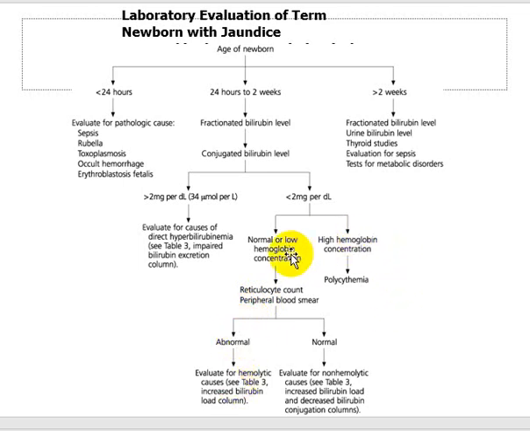If hemoglobin is increased, it means there is polycythemia. And if bilirubin is persistent after 2 weeks, we need to assess fractionation. It means direct and indirect, and look for the causes that are mentioned in the slide. So this is the summary of investigations.